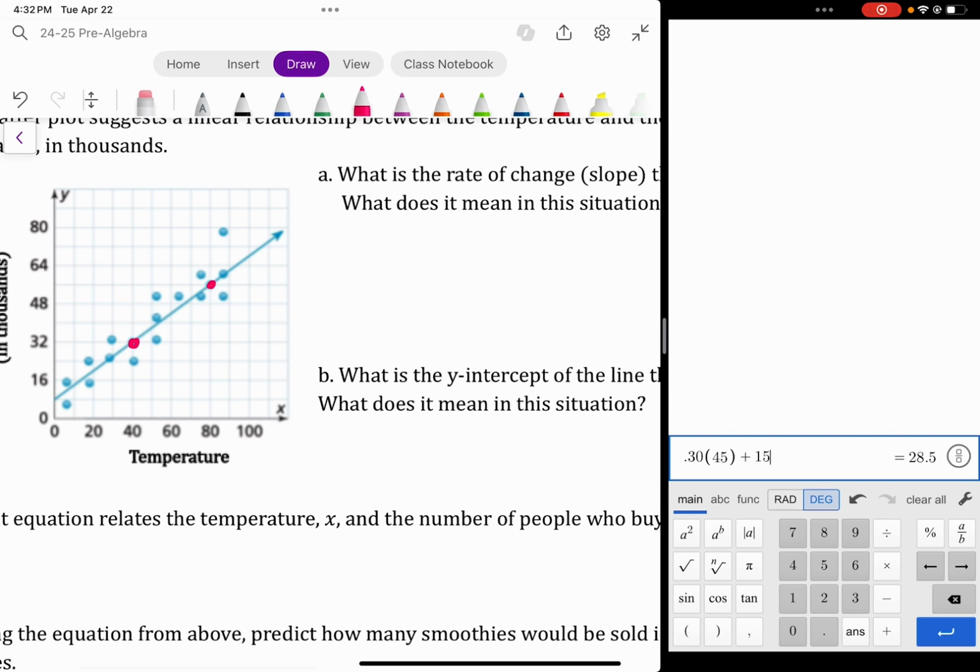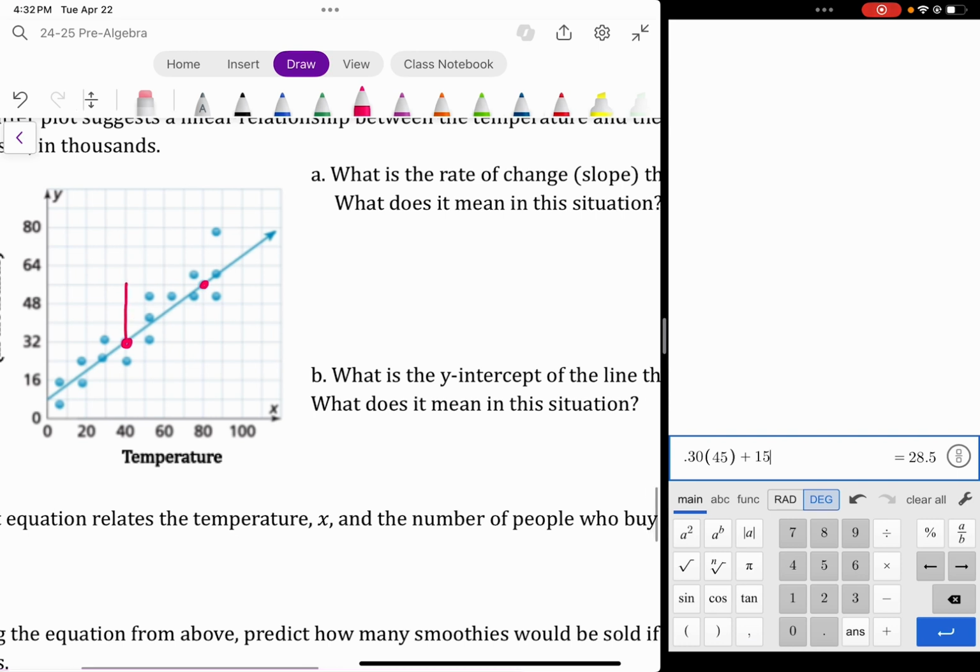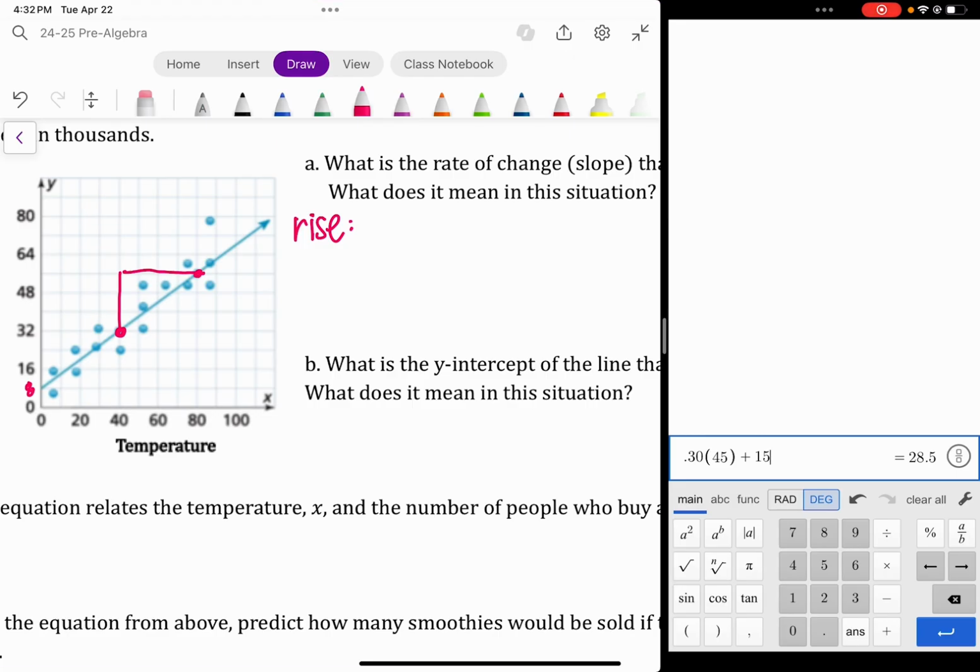So let's see. I'm going to figure out how much is my rise, how much is my run. So my rise goes up 1, 2, 3 boxes, but it looks like each box represents 8. To go from 32 to 40, between 48 and 64 would be 56.